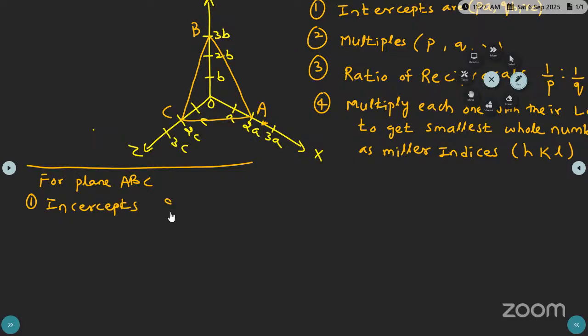Intercepts are 2A, 3B, 2C, right? Then what is the second step? We have to write the multiples. What is the multiple of A? 2, 3, 2.